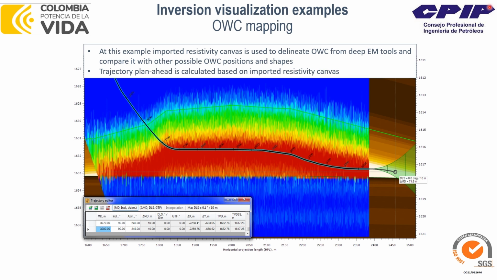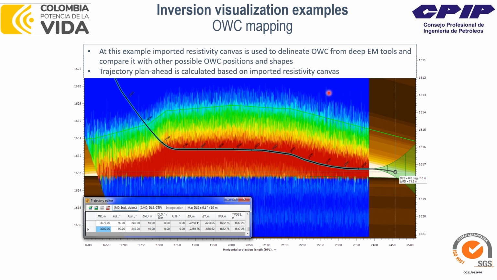So in this case, you see the red here is the high resistivity of the pay zone, and then you have the shale here, which is a little colder color, the green one, and then you see the shale with even less resistivity, which is blue.